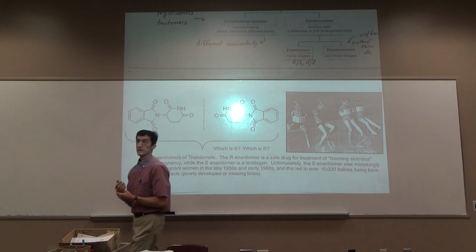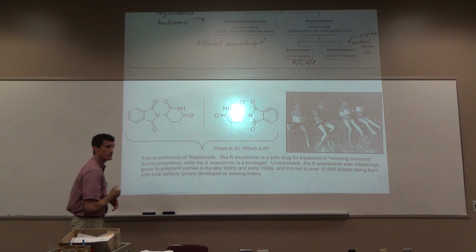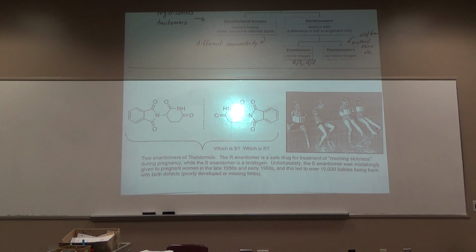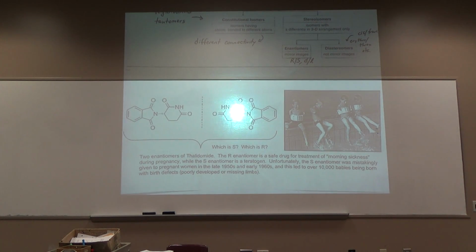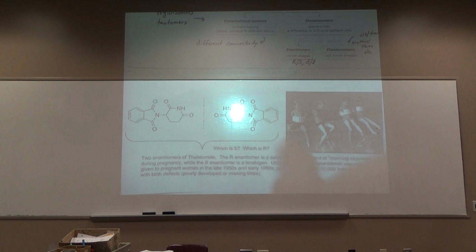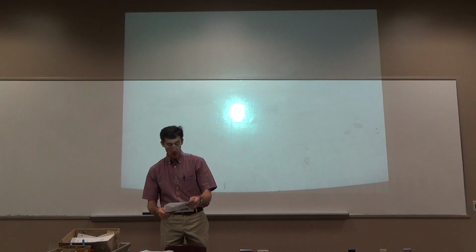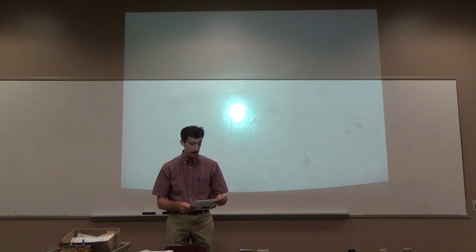They were called thalidomide babies. And actually, an American nurse sort of figured out what was going on here, and President Kennedy awarded her some type of a medal or something. But we can mention more about this. That's just stereochemistry. One enantiomer was safe and useful. The other one was very toxic, a teratogen.